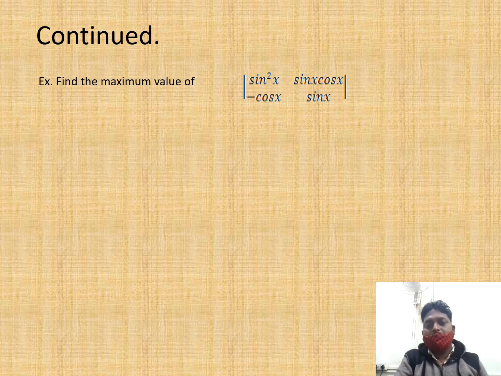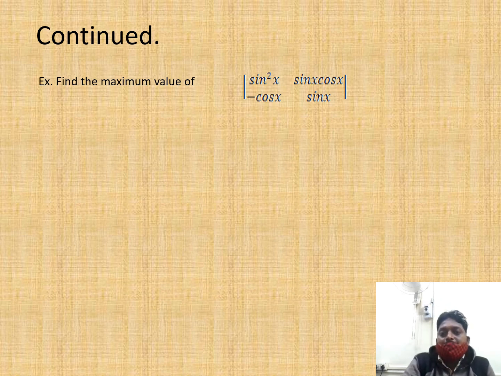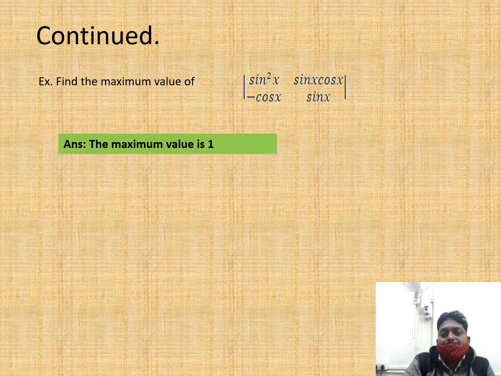You have to simplify: first sin square x, second sin x into cos x, third, position 21, minus cos sin. Here you do one thing: sin square into sin gives sin cube, plus sin x into cos square x. Then take sin common, you get sin square plus cos square, which is 1. So the answer becomes sin x, and the maximum value of sin x is 1.